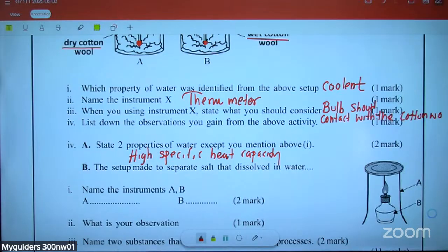And also, we can observe some other characteristics. As a solvent, water is a very good solvent.